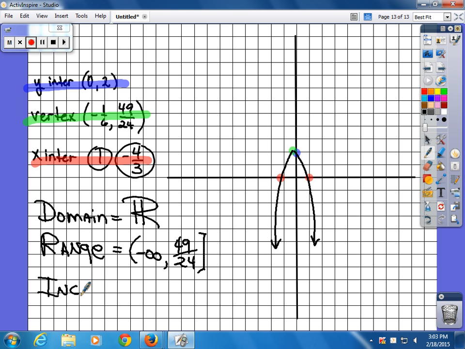Increasing from negative infinity to negative 1/6, and then decreasing from negative 1/6 to infinity.